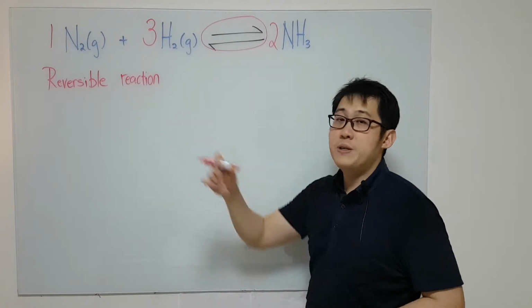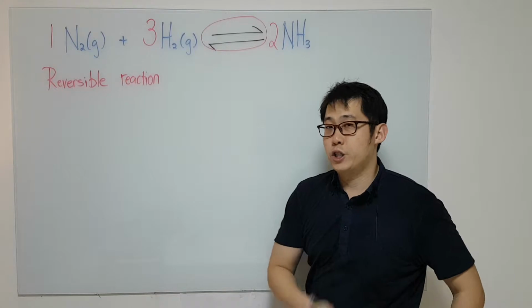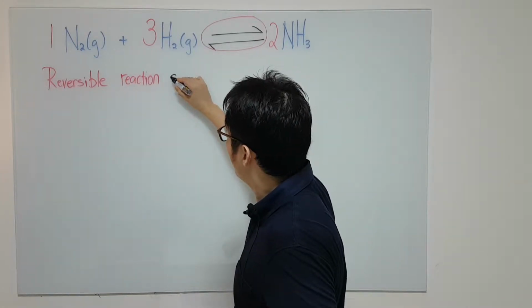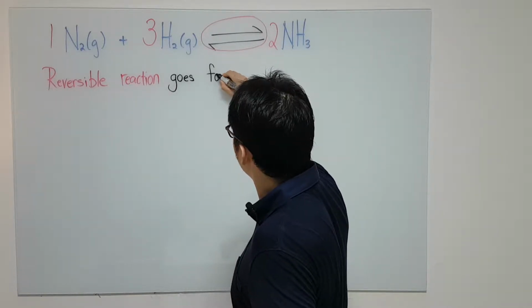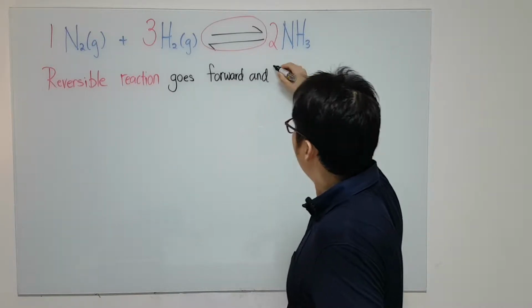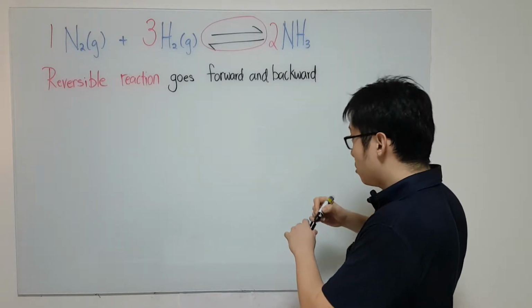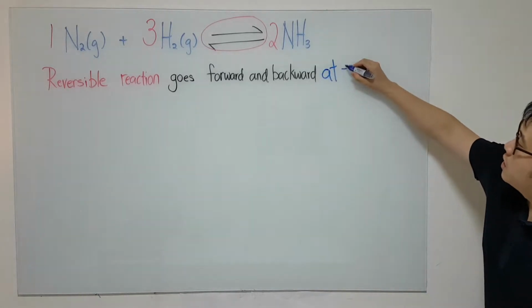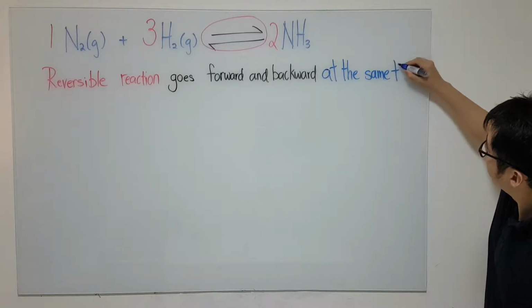This arrow represents a reversible reaction. Now, a reversible reaction, you have to remember, goes forward and backward at the same time.